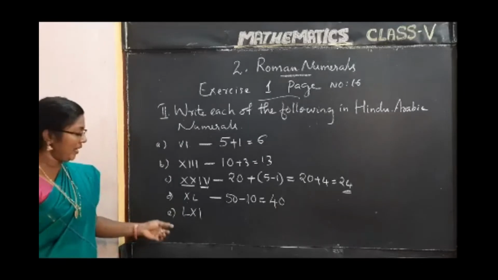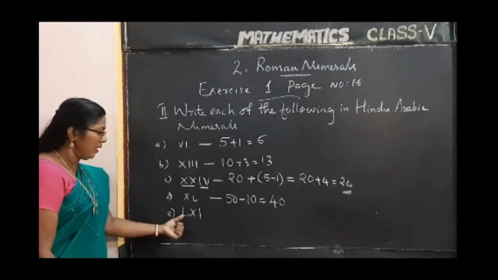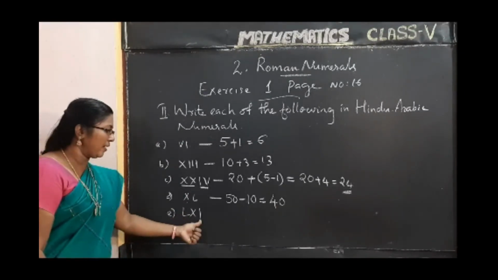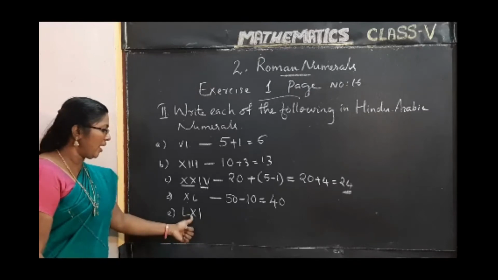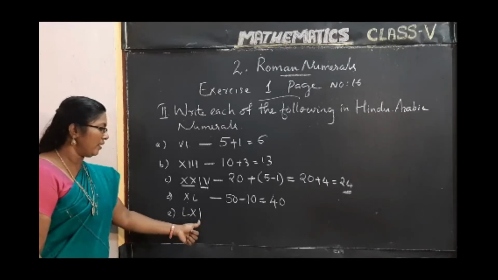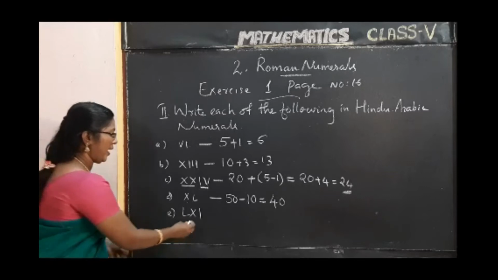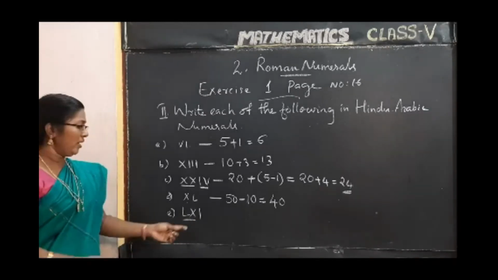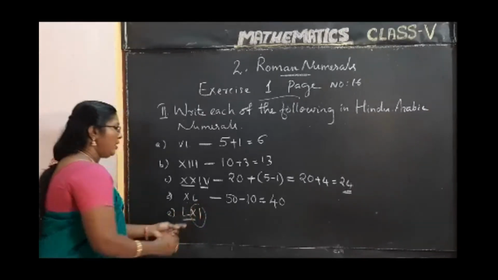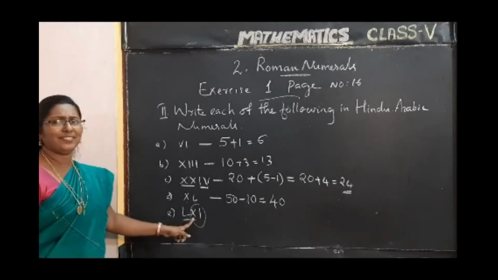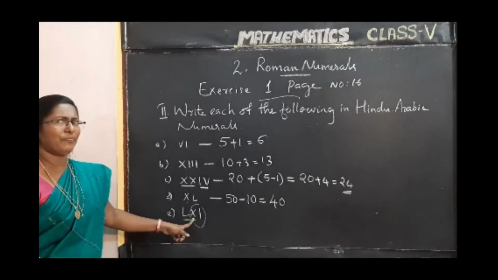The next one. Here XLI. XLI. Here XL, take XL. Here when we take this 1 minus 10 it becomes a negative number.